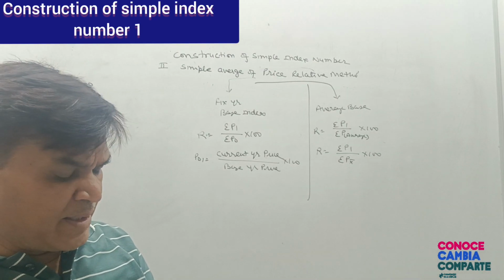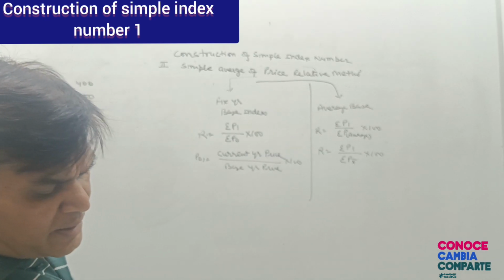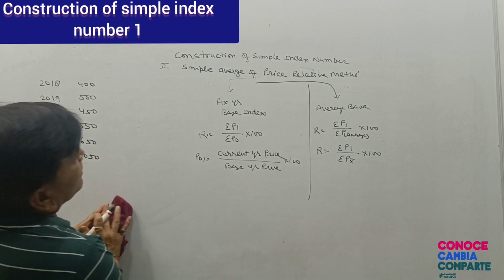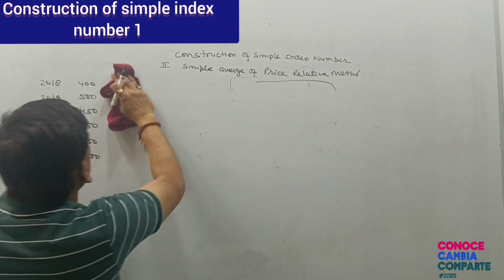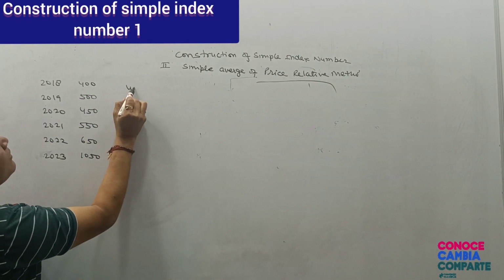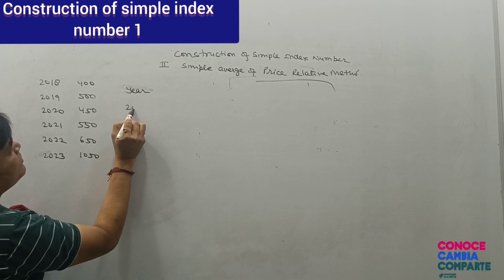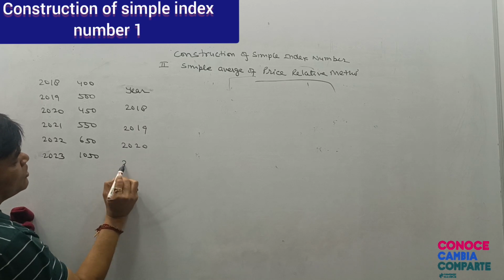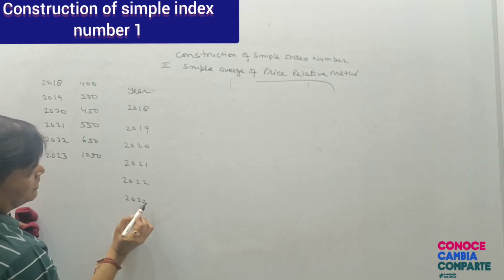We have to calculate the relative. We have been given this index number. I am writing the years: 2018, 2019, 2020, 2021, 2022, 2023.